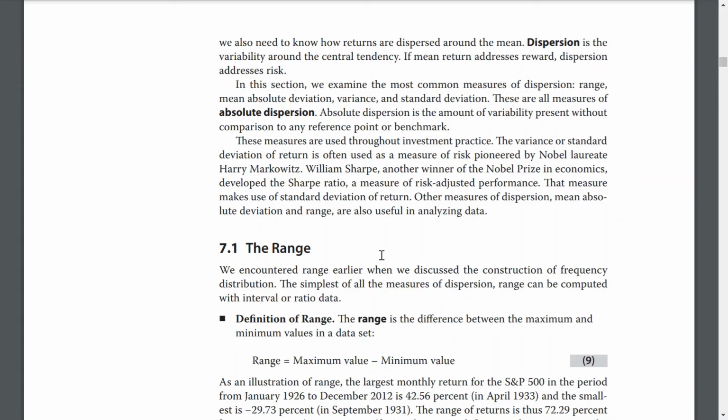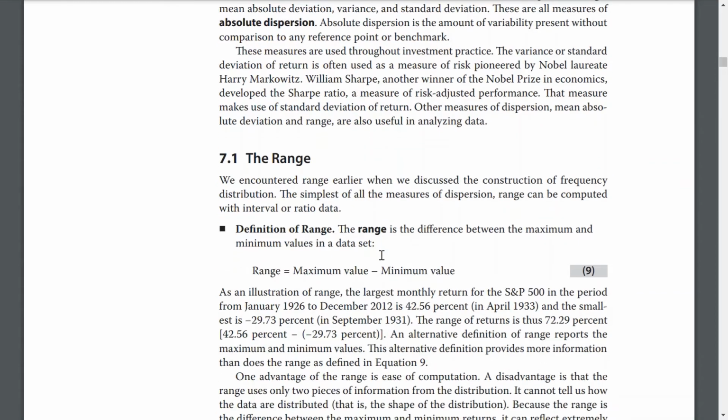The variance or standard deviation of return is often used as a measure of risk, pioneered by Nobel laureate Harry Markowitz. William Sharpe, another winner of the Nobel Prize in economics, developed the Sharpe ratio, a measure of risk-adjusted performance that makes use of the standard deviation of return. Other measures of dispersion, mean absolute deviation and range, are also useful in analyzing data.